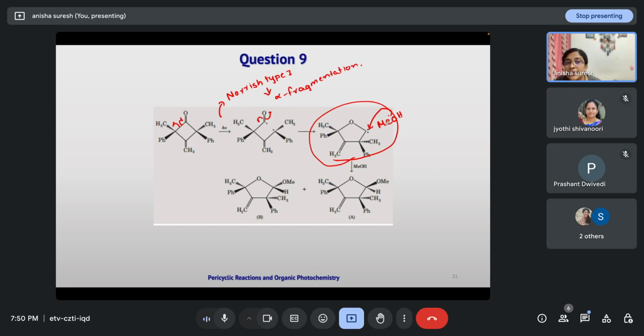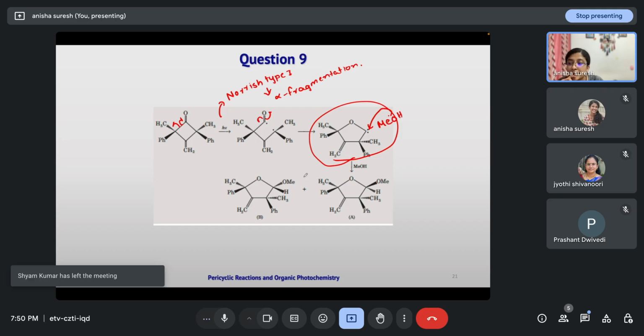And then the center is electron deficient, methanol can attack it from either beta face or alpha face, leading to formation of two products A and B. Any doubts? Is the mechanism clear?